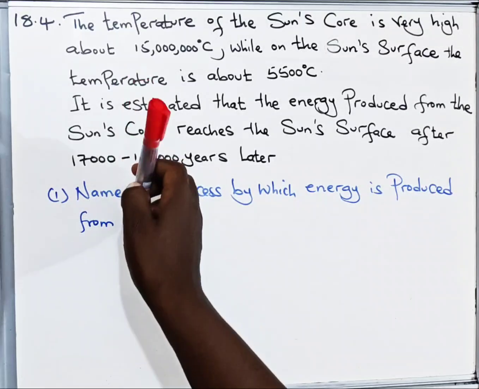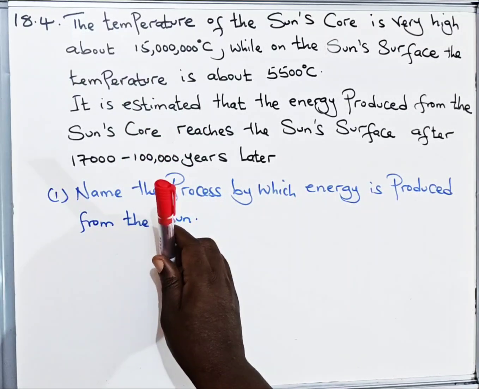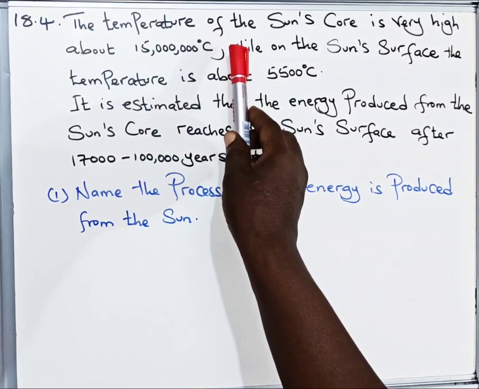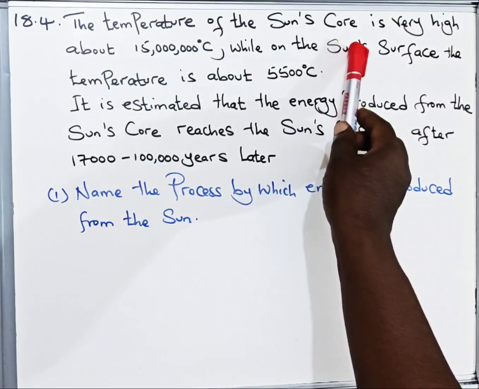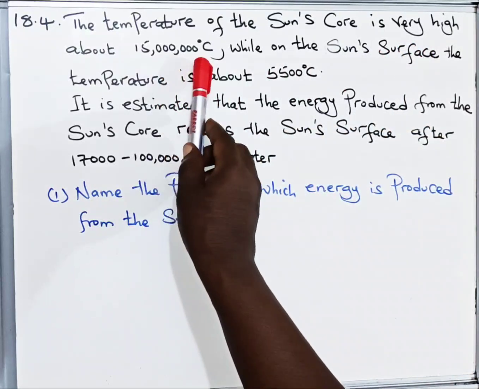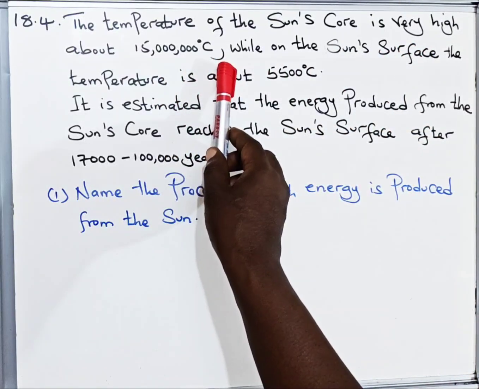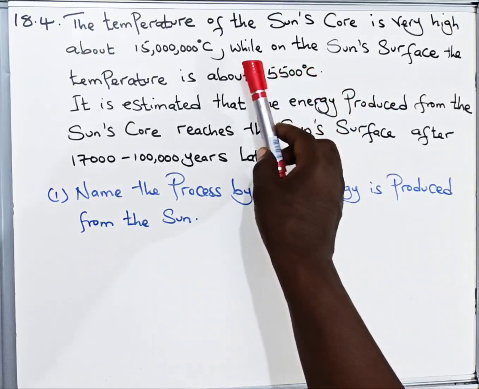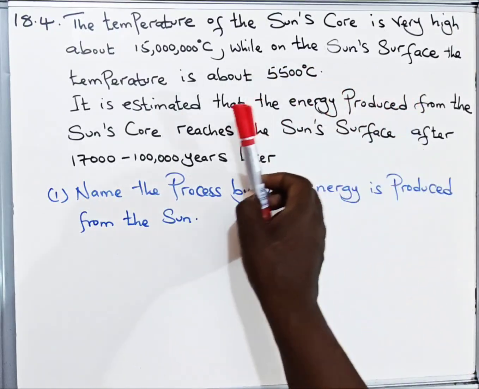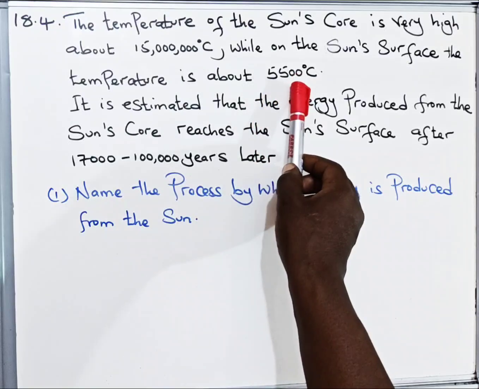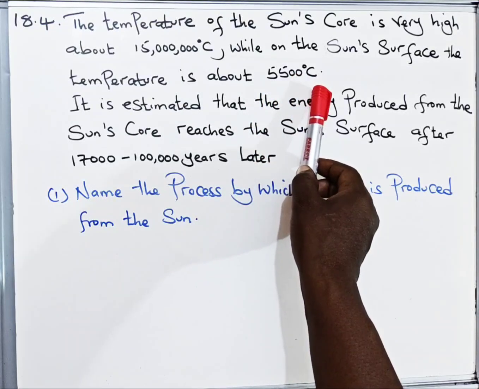Then we come to this question. It says that the temperature of the sun's core is very high, about 15 million degrees, while on the sun's surface, the temperature is about 5,500 degrees.